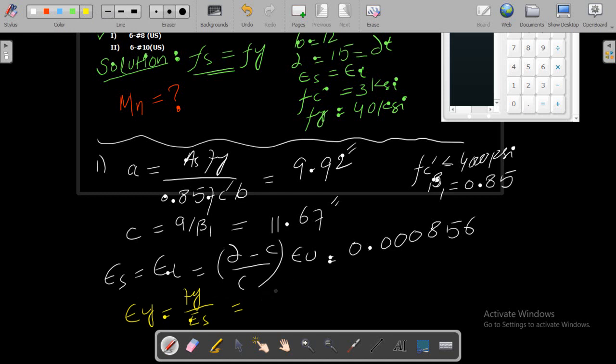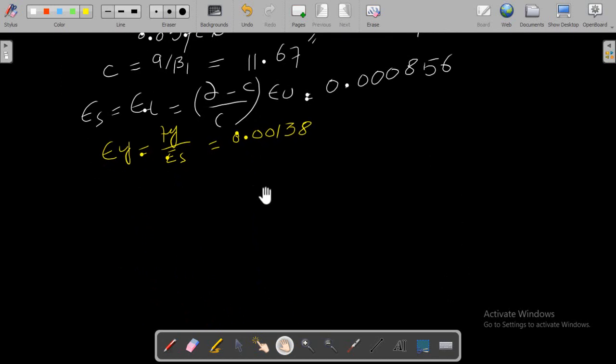What we got from this is 0.00138. Now if we compare these two values, epsilon s with epsilon y, we clearly see that epsilon s is well below the value of epsilon y.